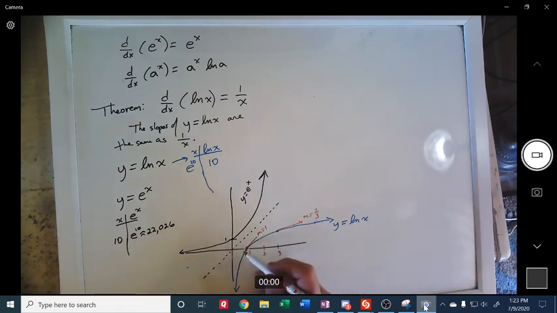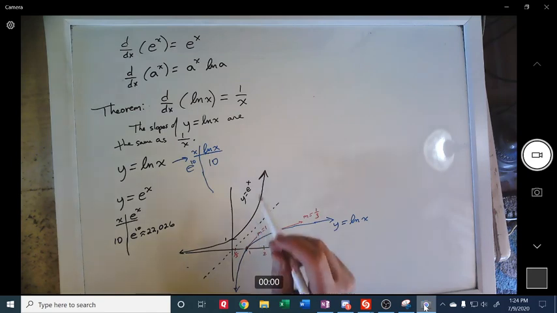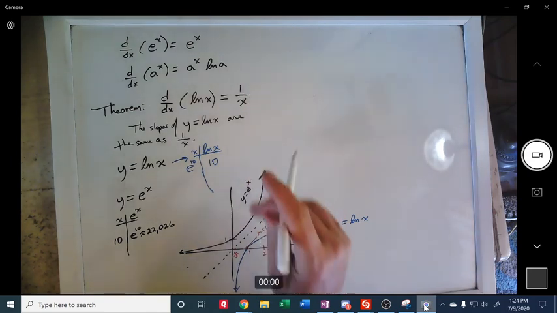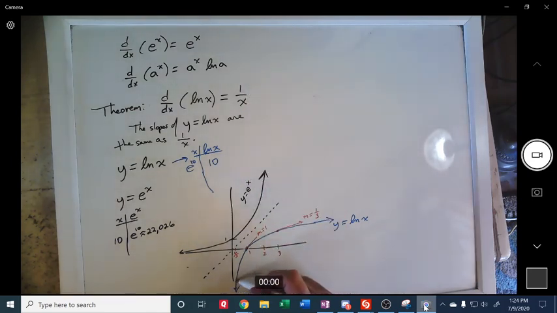Now, also it's got to work in reverse. If you went to 1/5 way over here for your x value, then you're way down here. Now the slope is the reciprocal of 1/5, and the reciprocal of 1/5 is 5.